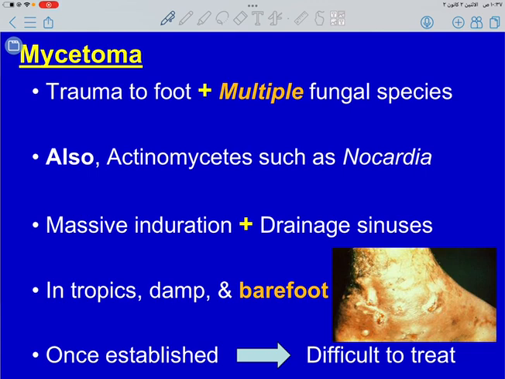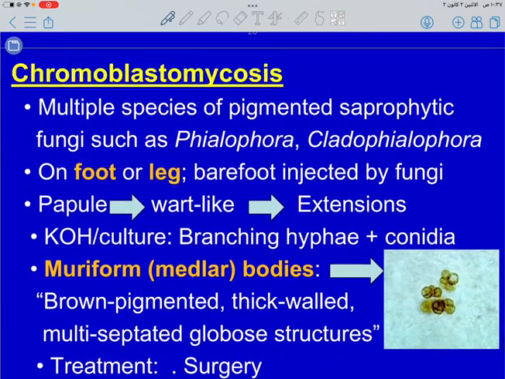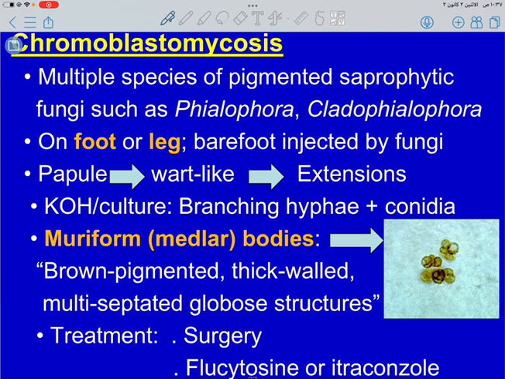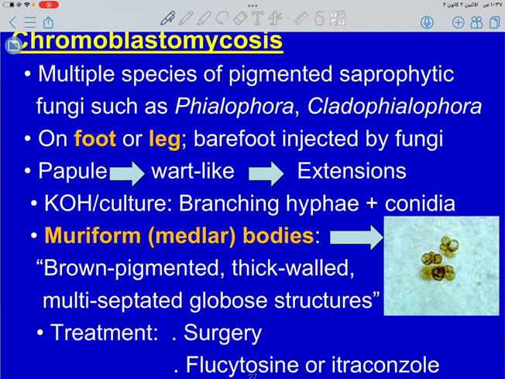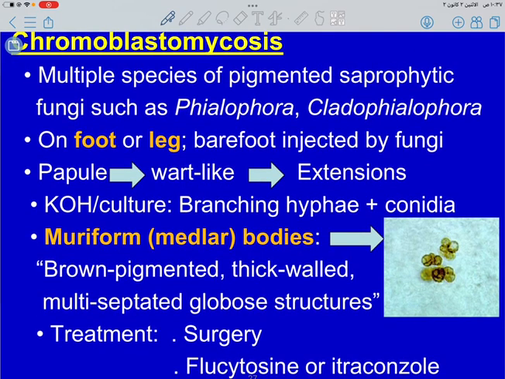Multiple fungi. The last one is chromoblastomycosis. Here we have multiple species of pigmented saprophytic fungi like Fonsecaea and Cladophialophora.